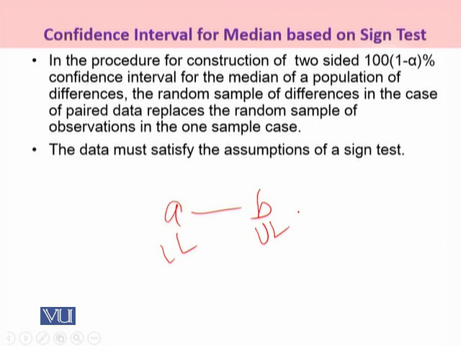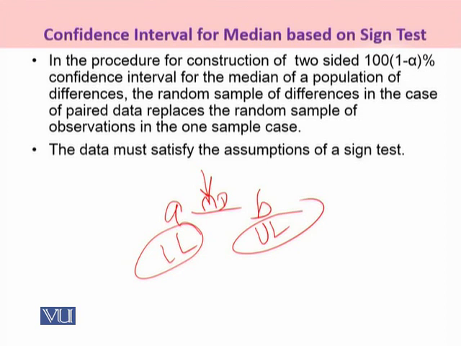We are going to assume that our unknown value of the population parameter, which in our case is the mean difference, under the sign test usually the mean is not being taken. We consider the median difference. So we assume that the median difference is expected to lie within two values, that is the lower limit and the upper limit. That is why we call it a two-sided 100 × (1 − α)% confidence interval.